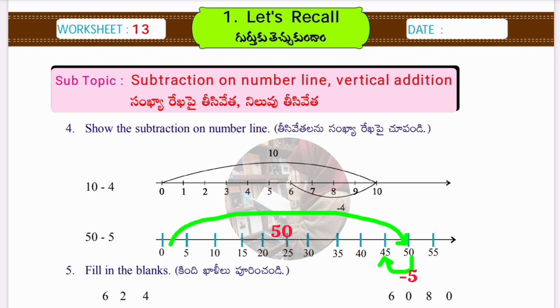Downwards we show minus, meaning subtraction. Upwards we show addition. So from 10 you have to go back 4 steps, then you will get 6, because your line will touch 6. In this way you have to do the rest of the numbers.